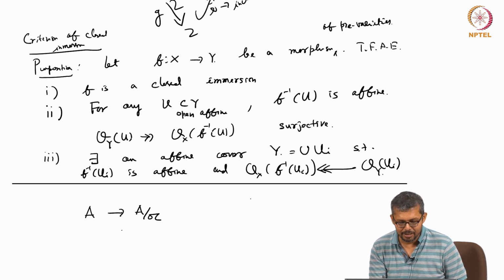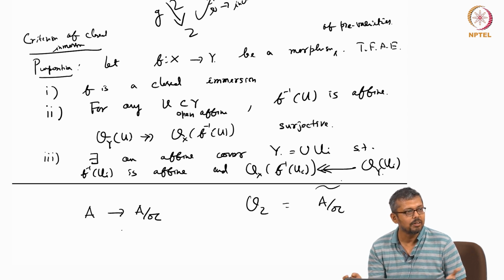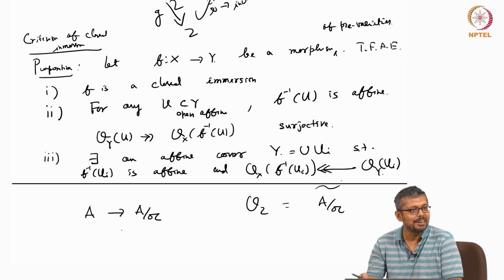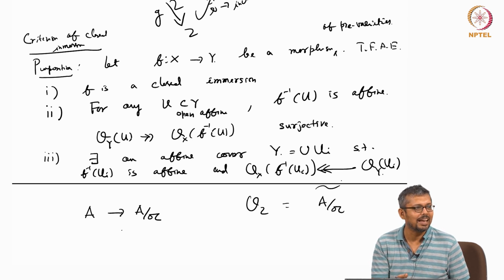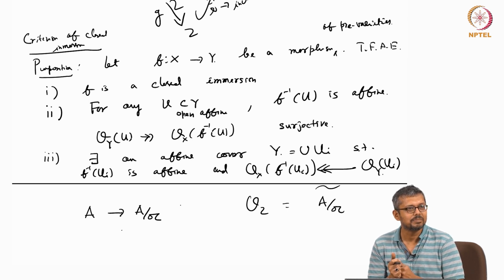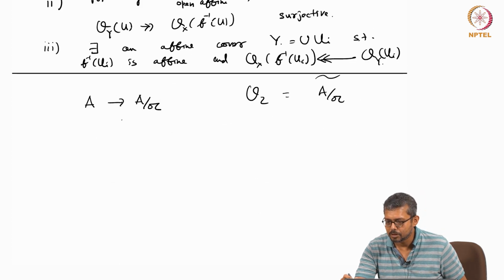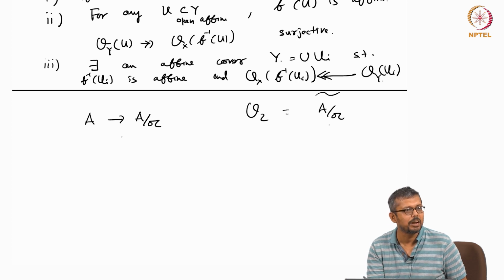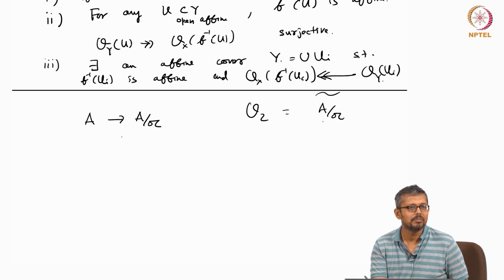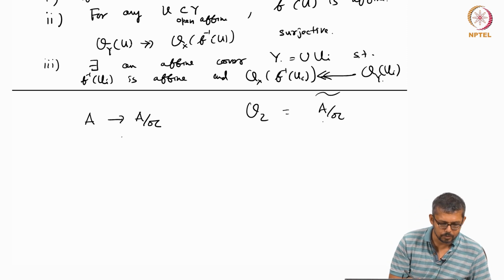Now this sheaf OZ is basically A mod A, I mean the A mod A tilde. The sheaf is different from the sheaf A. So you really cannot say it is a subsheaf, even in the affine case. In the case of a point, it will be A mod M.